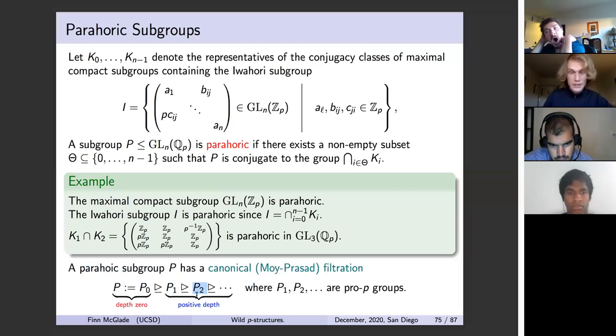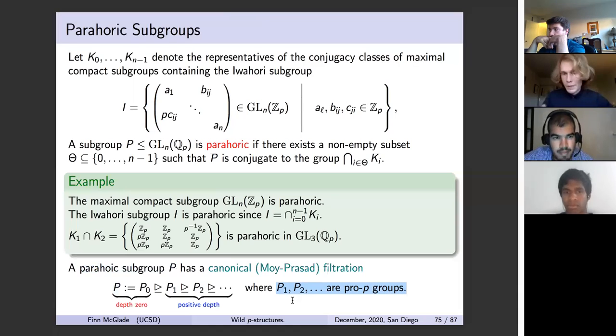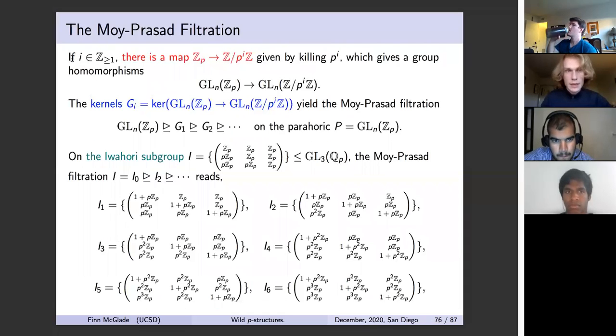I will show you examples of this. What I will point out is that these are so-called pro-P groups. If you don't know what a pro-P group is, that's okay. You can think of it as kind of like a P group, but an infinite P group. It's like a group that has order a power of P, but it's actually an infinite group. So let's see some examples of this filtration.